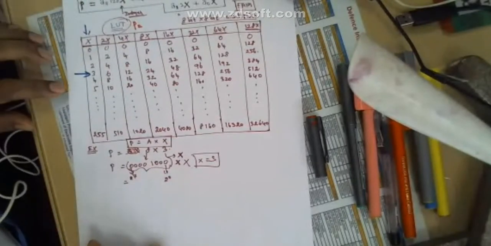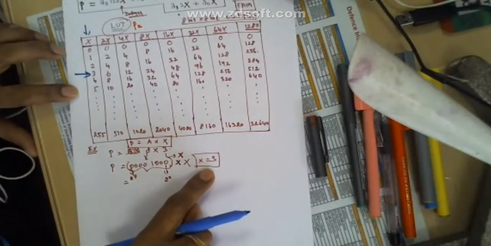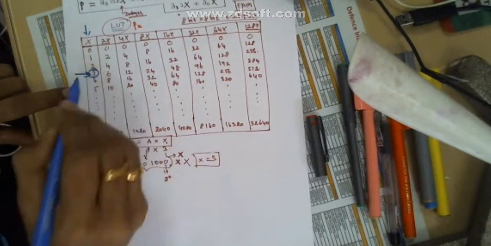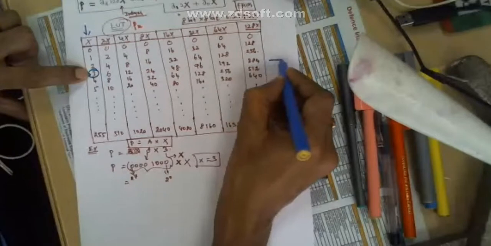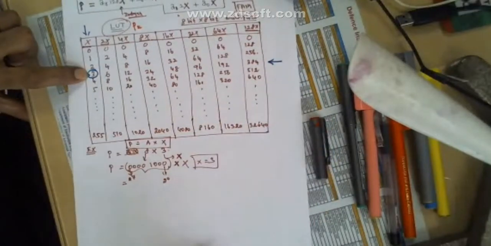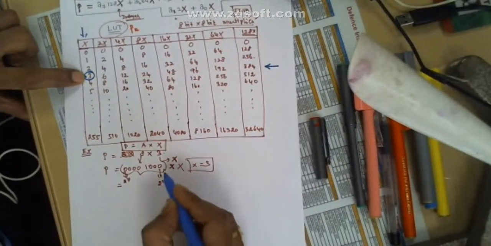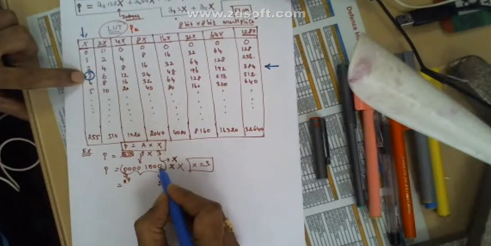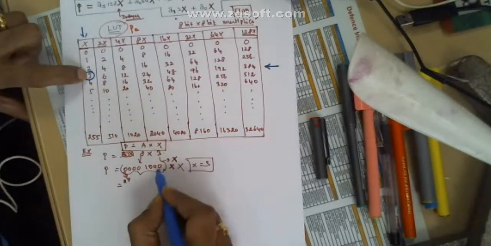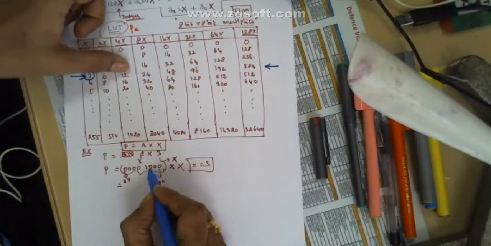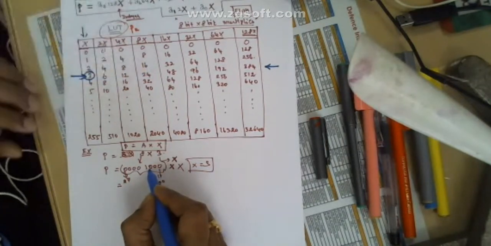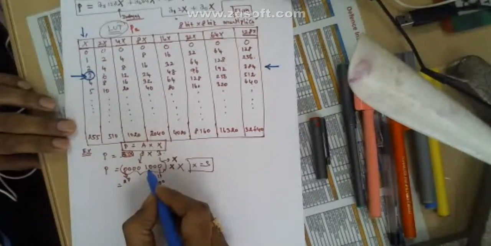So in my array, in the algorithm, if x value is equal to 3, then I will reach this value. So now I am going to concentrate on this row. In this row, the first bit is 0, therefore this value is 0. Second bit is 0, therefore this is also 0. You understand now?